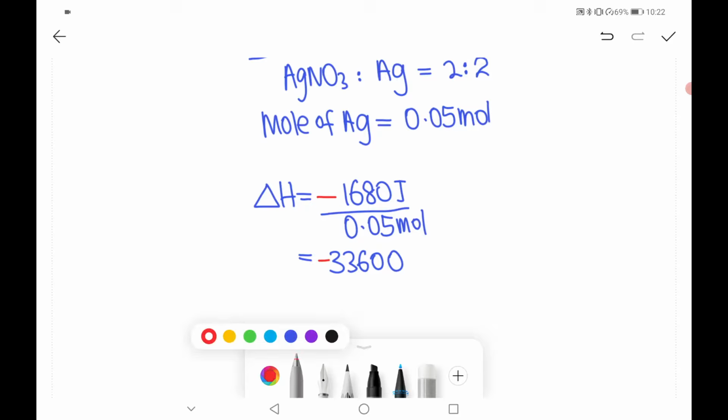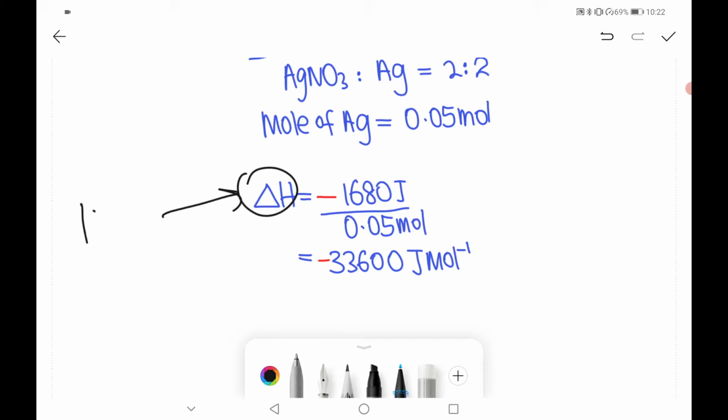And here the unit is joule per mole. So we are not done yet, because as I said, the unit is important. For delta H, the unit is kilojoule per mole. Now we have joule per mole. How to change joule to kilojoule?